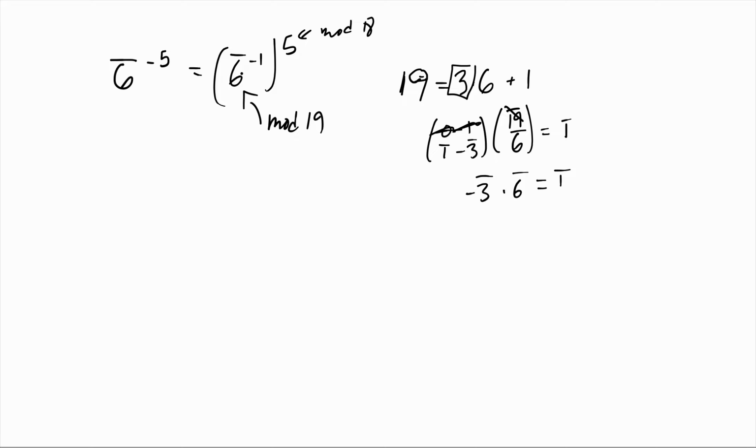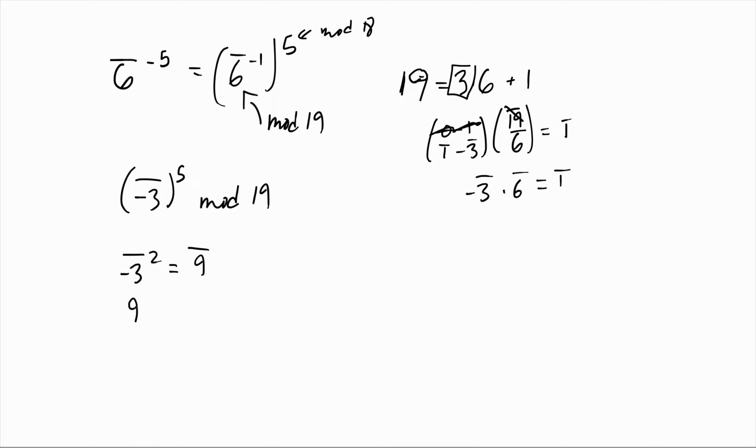So we can replace this 6 bar to the -1 with simply -3 bar, and we want to raise that to the 5th power, and this result is interpreted mod 19. So we can work through that piecemeal. -3 squared is 9 bar, and then we can keep going.